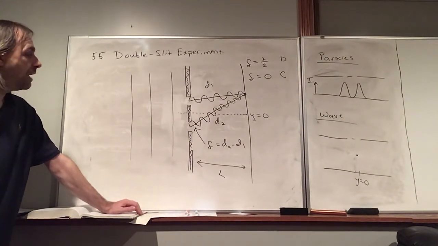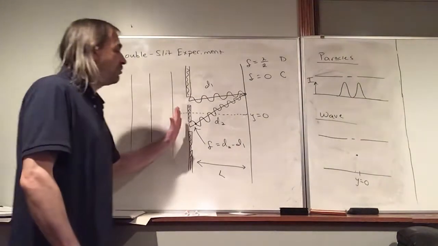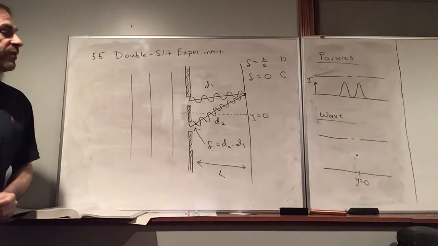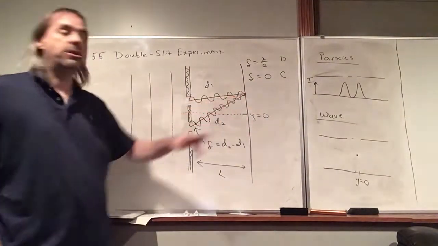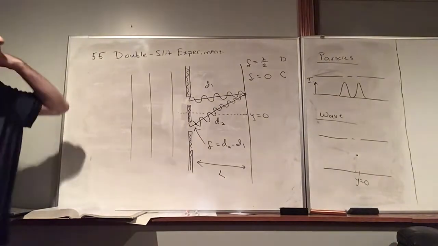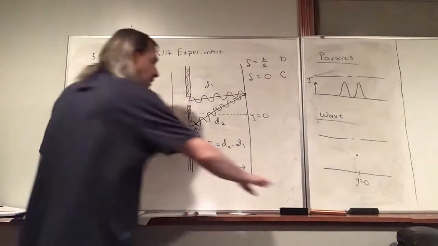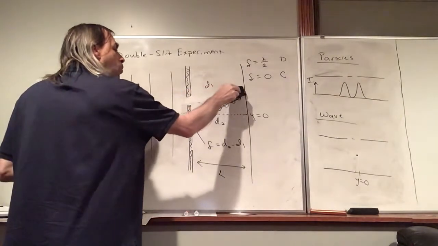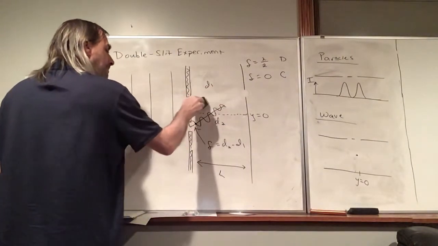Okay, now how do we relate that? We have a geometry problem now: how to relate what type of interference we are going to get at any point on the screen. So I'm going to erase this a little bit and redraw just the rays without the waves associated with them.